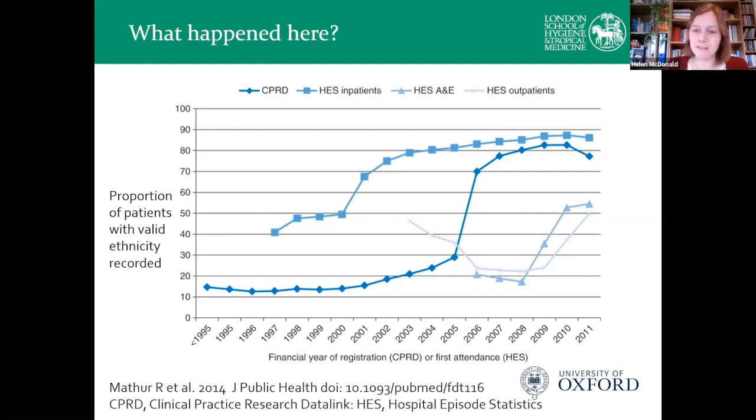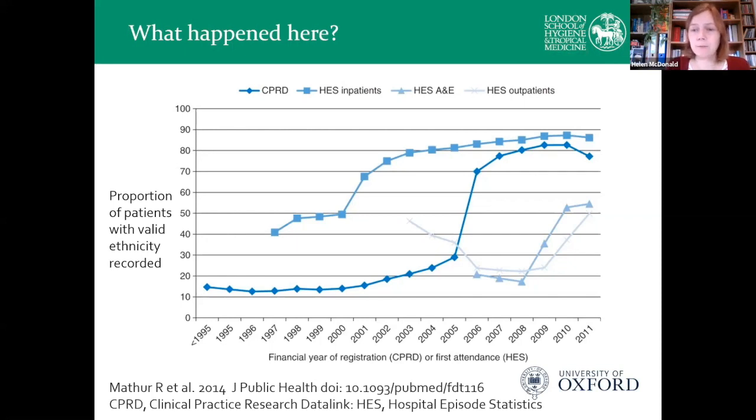And so you can imagine that if you were doing a study where ethnicity was important, which covered a longer time period, you might find that there were differences in who had ethnicity, in not just the completeness of the ethnicity recording, but also which patients had their ethnicity recorded, and that those might particularly have a big change at the point at which the Quality Outcome Framework was introduced, and possibly also at the point at which it was removed.